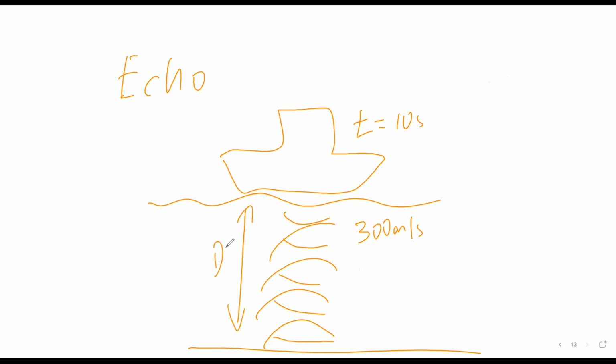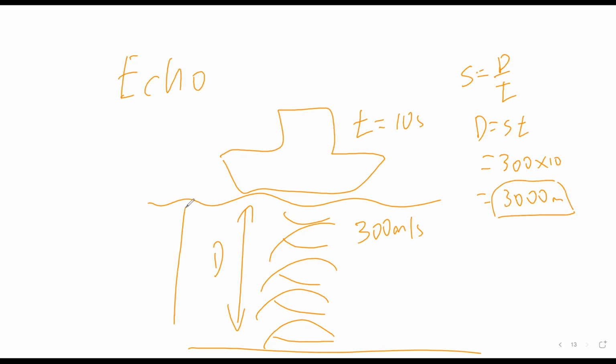A lot of students will straight away do speed equals distance over time, then distance equals speed times time. They'll say it's 300 multiplied by 10, so this is 3,000 meters. Is this correct? No, definitely not. This 3,000 is going from here and then going back here. So obviously you need to divide it by 2, meaning in reality this distance is only 1,500 meters.